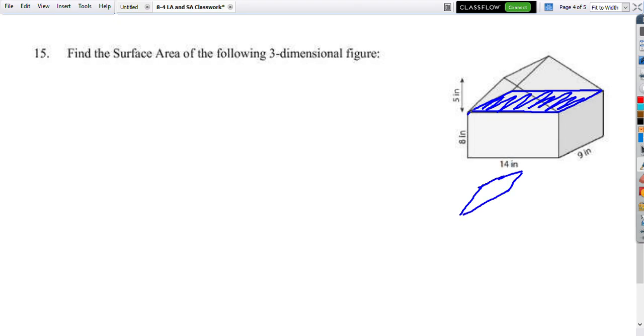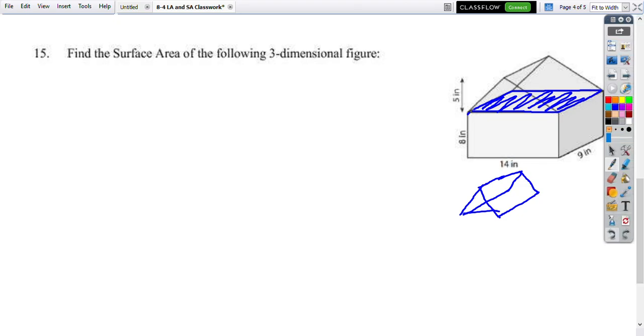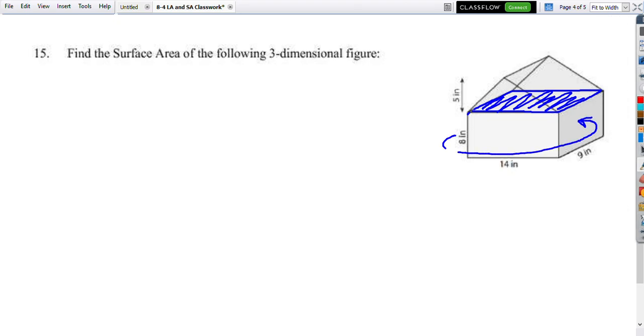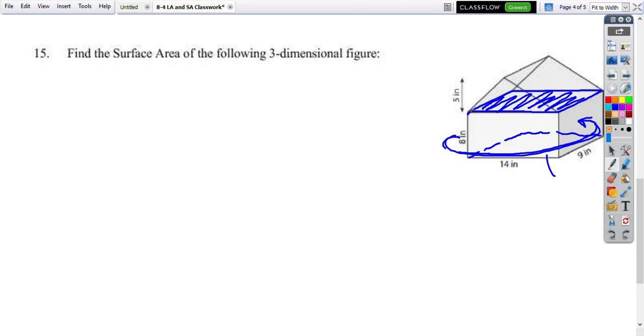We have this side, the side that's over here, and we have these triangles in the front and the back. We have those four sides. So there's no base, no bottom part to this. So just be careful. You're just doing those sides. And then we have the lateral area, the area around the shape here. And we can see the bottom, so there is one base on the bottom. Just keep that in mind as you're working along here.